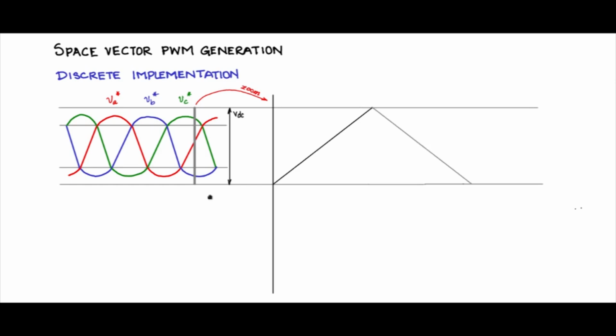So it consists of a triangular carrier which is like that. So this time is TS, one switching frequency period or carrier frequency period. We will call that one TS.